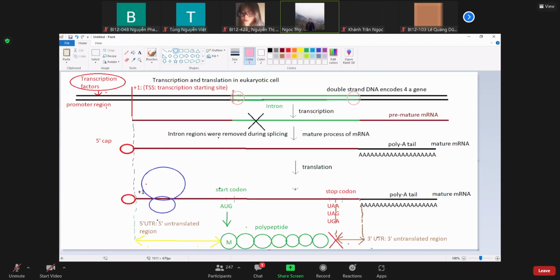Okay, and there are more mechanisms that you can find in this paper.